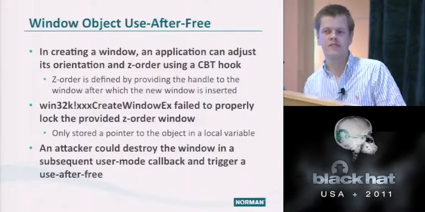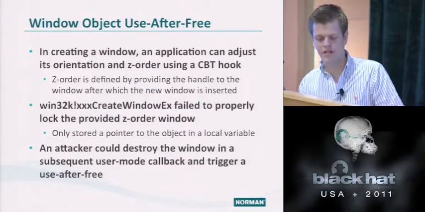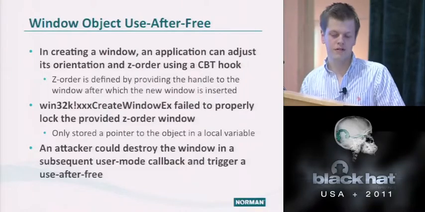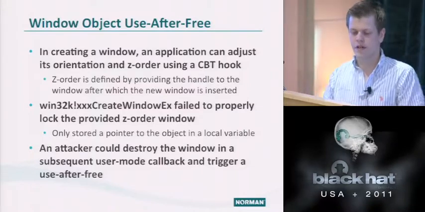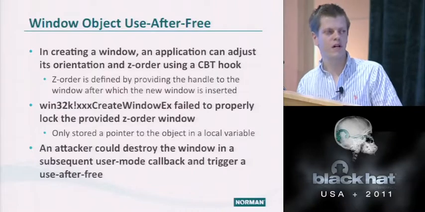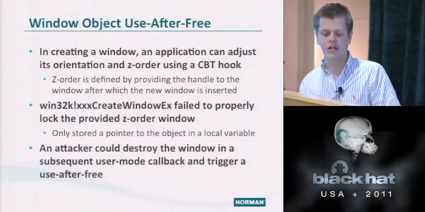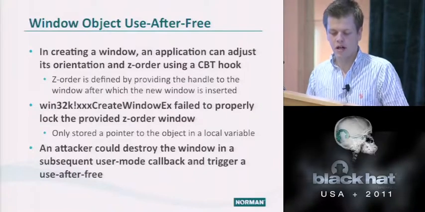So there were a few cases. There were actually, I think, about 15 or 20 vulnerabilities related to object reference counting. So, in creating a window, this was actually what I showed you earlier about the CBT hook. You can adjust the orientation of a window using a CBT hook.